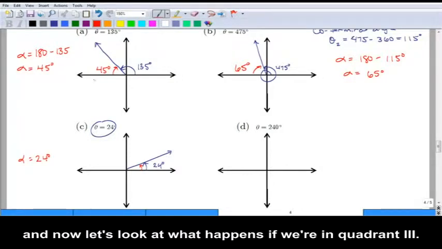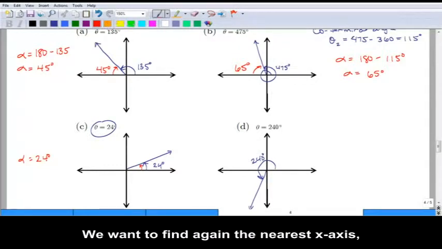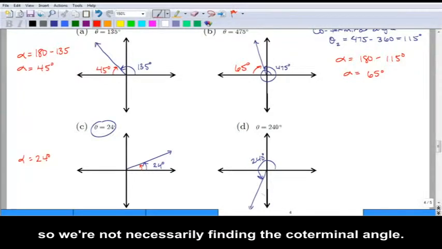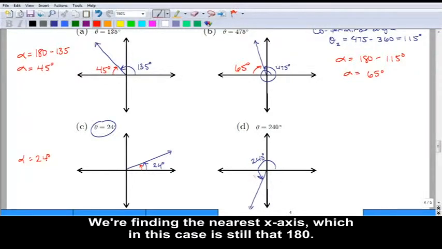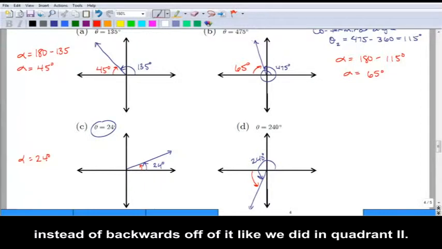And now let's look at what happens if we're in quadrant 3. If we're in quadrant 3, for instance, an angle of 240, which would be about here, we want to find, again, the nearest x-axis. So we're not necessarily finding the coterminal angle, we're finding the nearest x-axis, which in this case is still that 180. The difference here is that we're coming forward off of it instead of backwards off of it like we did in quadrant 2.